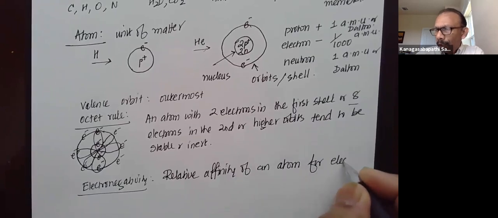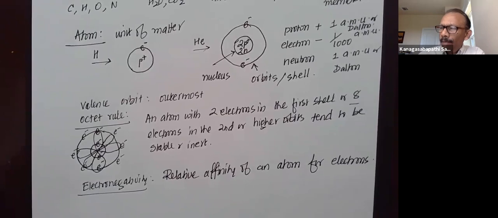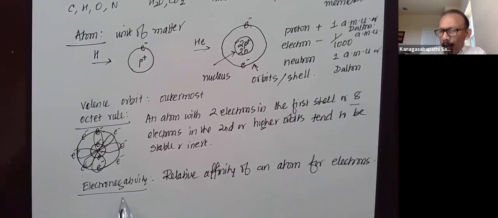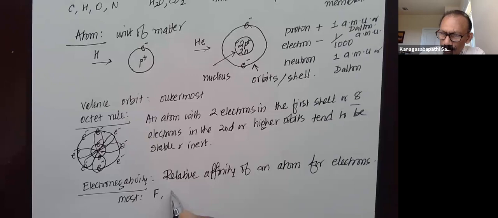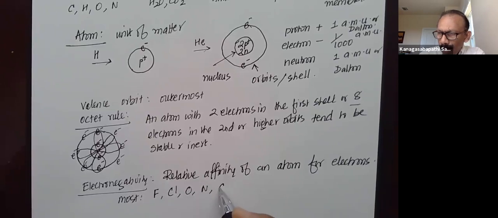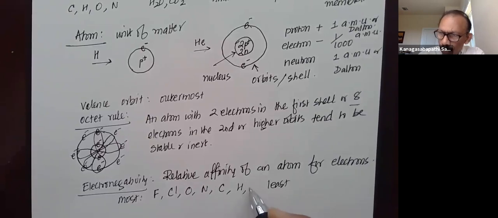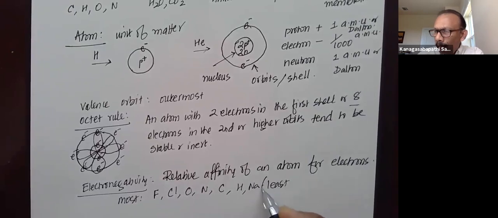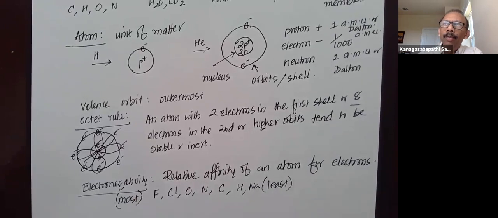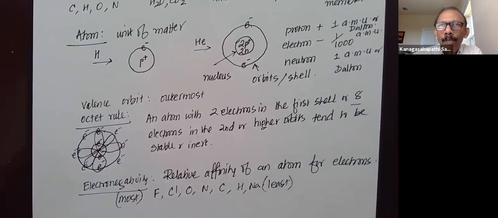So if you look at that, the most electronegative will be like fluorine, and then chlorine, and then oxygen, nitrogen, then carbon, and the least will be like hydrogen, sodium, like that. They are the least electronegative. That's a relative scale is all you need to know. You don't need to know the number.